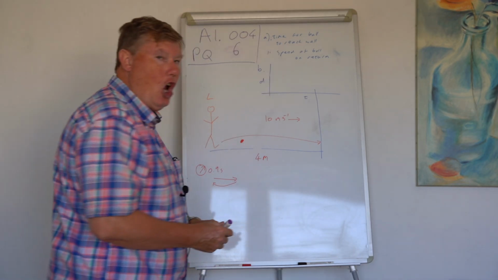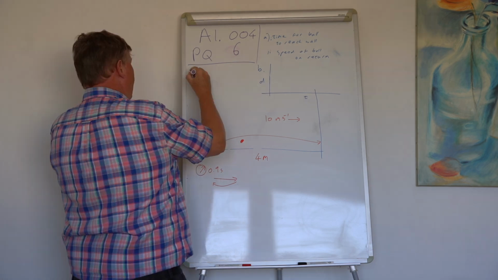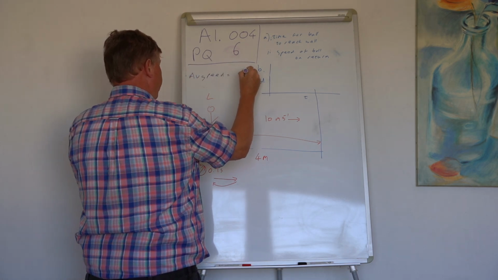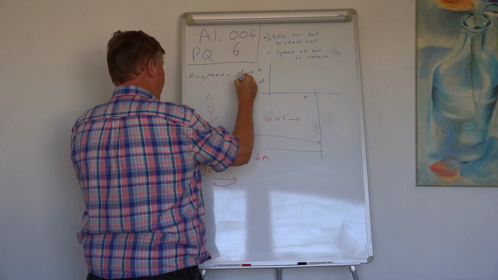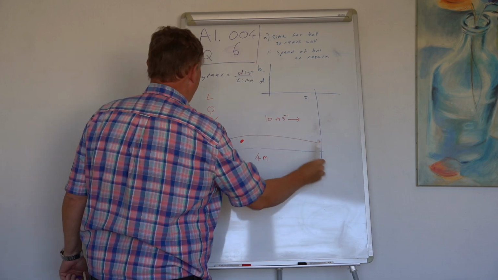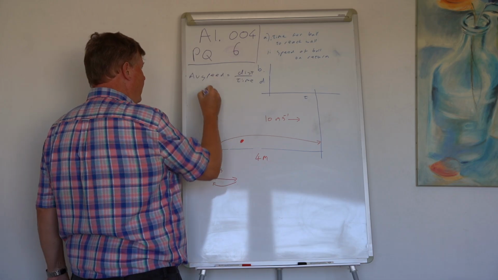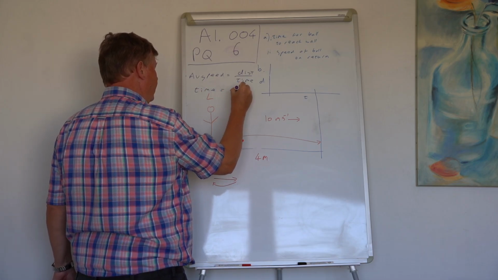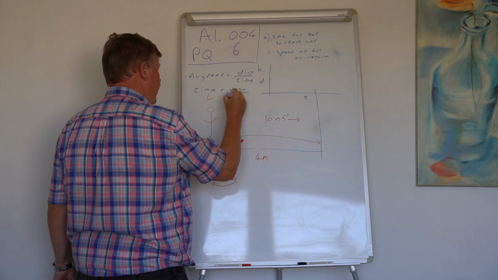Well, what do we know? We know average speed equals distance travelled divided by time. If we rearrange it, the time taken equals the distance travelled divided by the average speed.